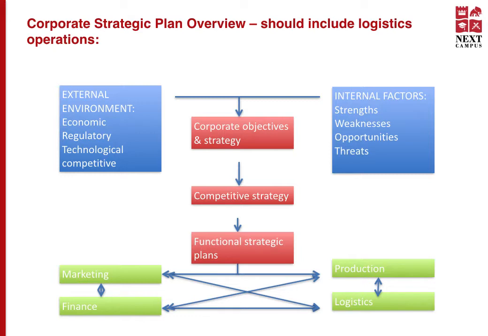This would then be used to drive the competitive strategy, which in turn influences the functional strategic plans. Generally, marketing, finance, and production are the main functions that are considered in a lot of organizations. However, logistics also is one of the key functions that needs to be considered.